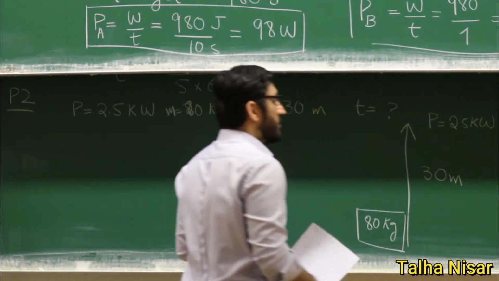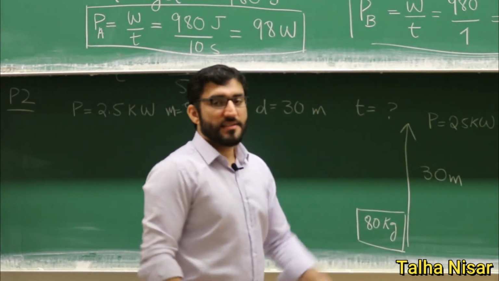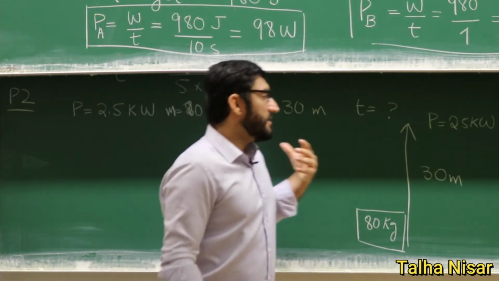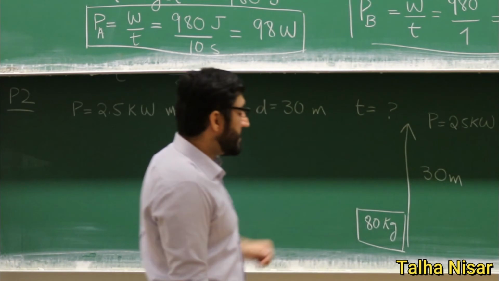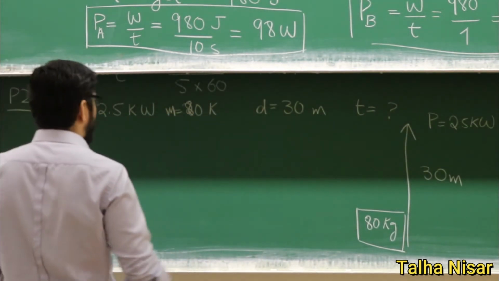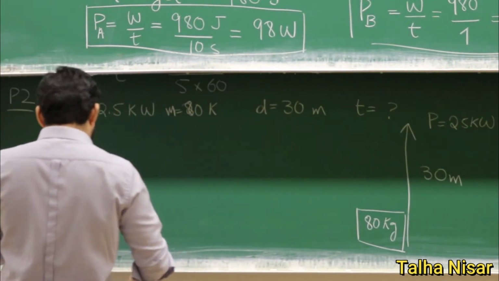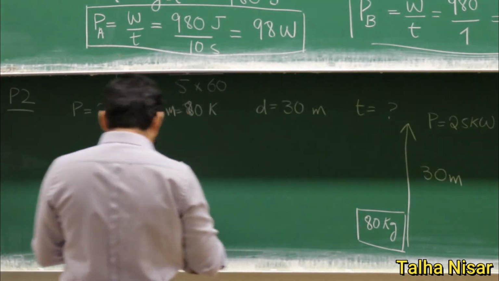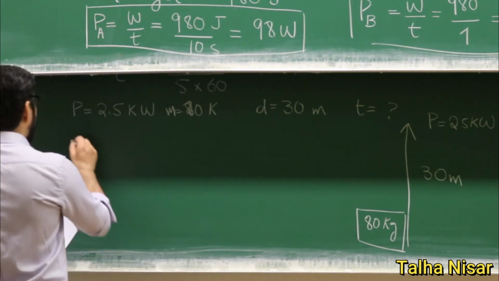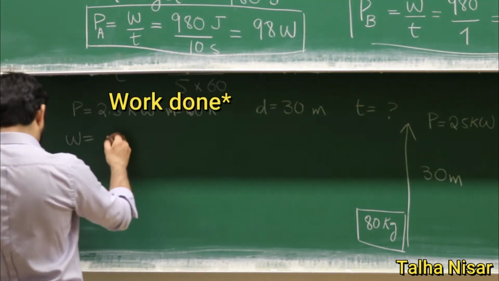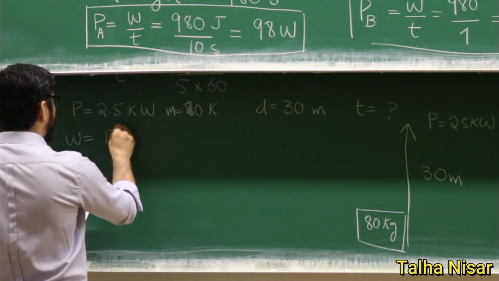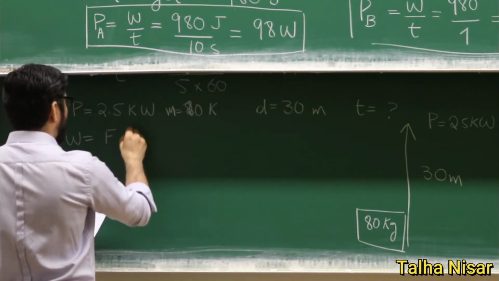And we are asked how much time it took to lift this 80 kg block 30 meters with this given motor. Again, first we need to calculate the work. The work is the force multiplied by the displacement.